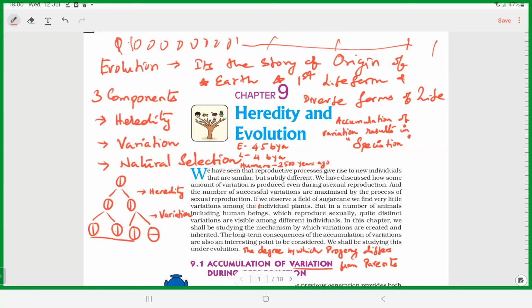Because sperm cell production in the testes requires less than body temperature. What is the body temperature? 37 degrees Celsius. But testes require only 35 degrees Celsius.